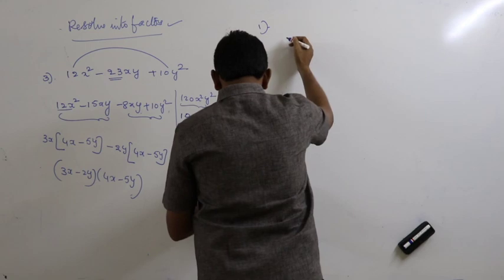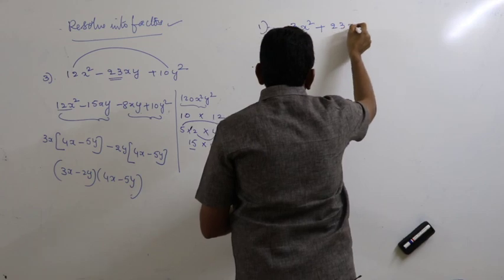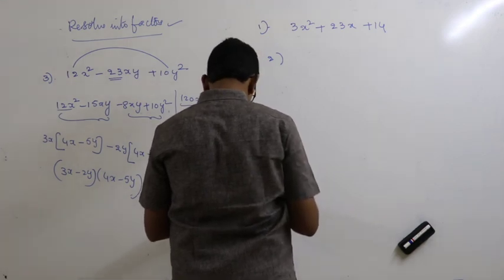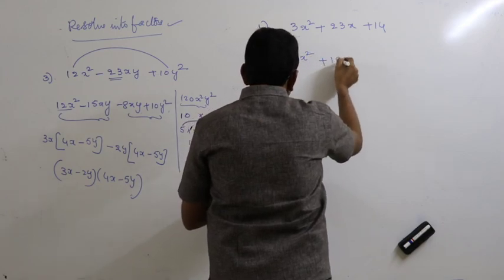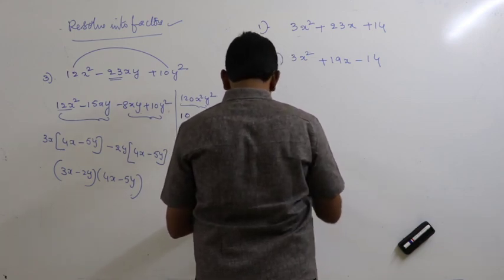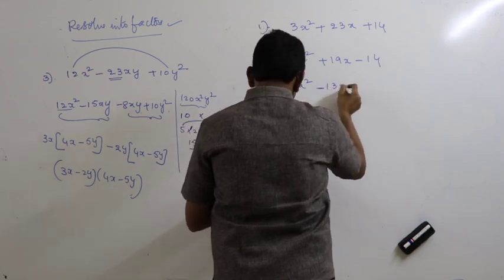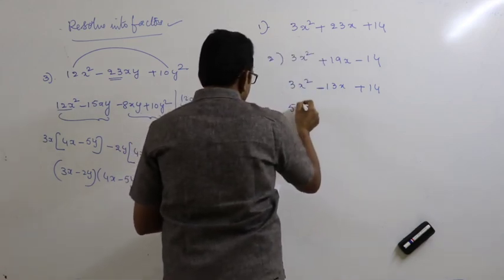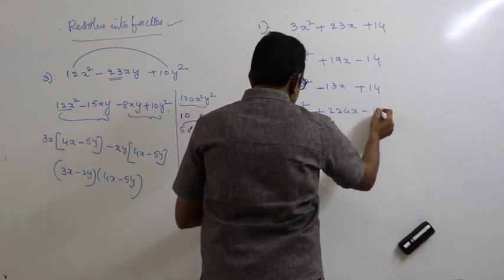Now do some problems. 3x square plus 23x plus 14. 3x square plus 19x minus 14. 3x square minus 13x plus 14. 5x square plus 24x minus 15.